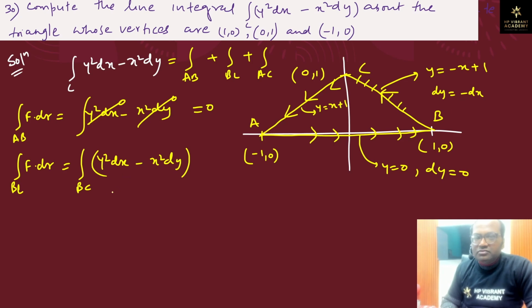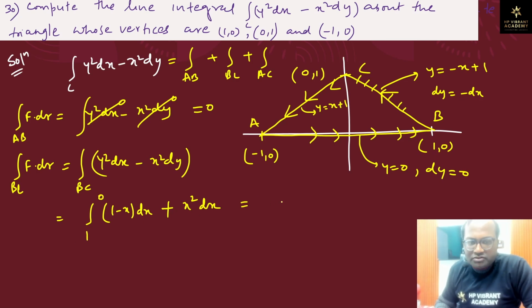So this is 1 minus x whole square dx, minus, and we have dy is equal to minus dx, so this will be plus x square dx. The limit is from minus 1 to 1 and this is 0, so the limit is 1 to 0.